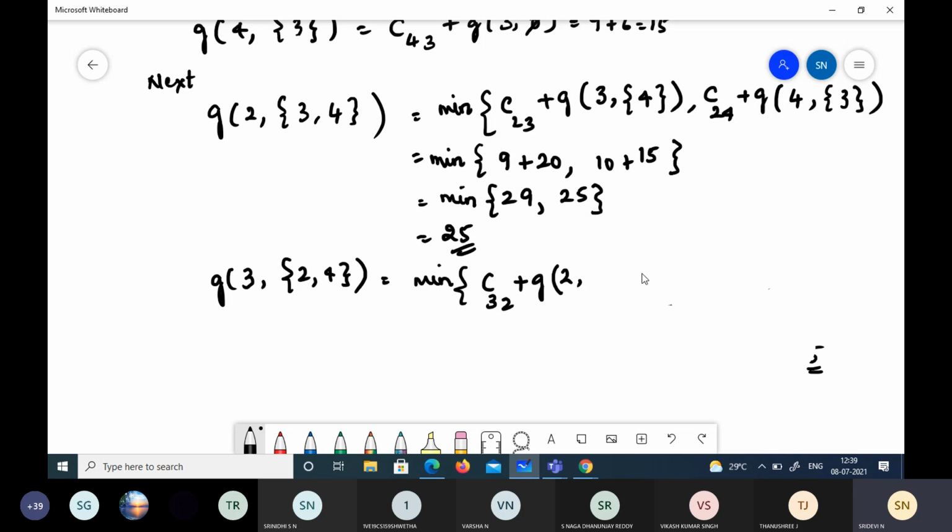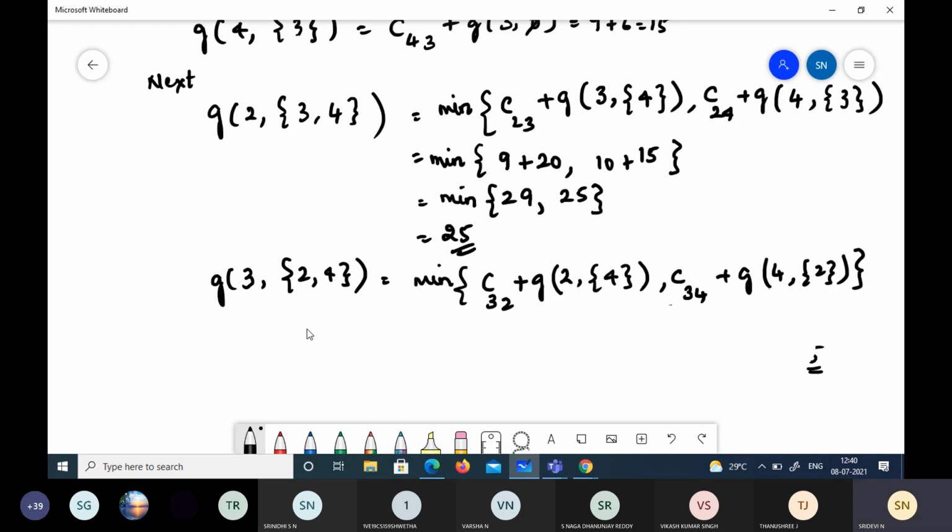If you have taken 2, you are left with 4. Then C of 3, 4 plus G of j is 4, comma, S minus 4. So you'll be left out with 2.